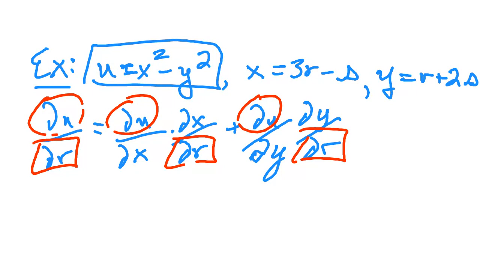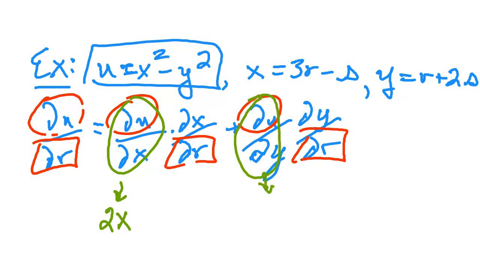The partial of u with respect to x, let's do that first. What's this equal? Taking the partial derivative of that with respect to x is simply 2x. Everything else is a constant. And then I'm going to take the partial of u with respect to y. When I do that, it is 2y, right?